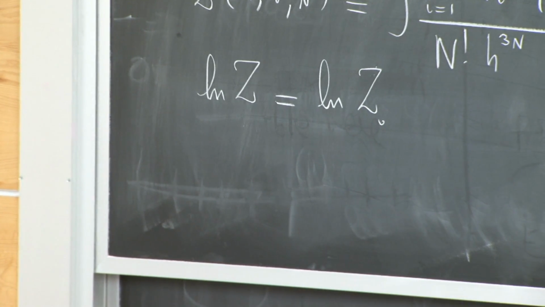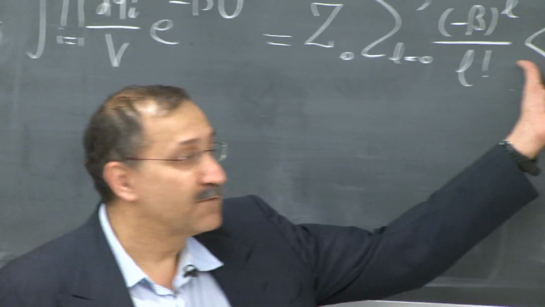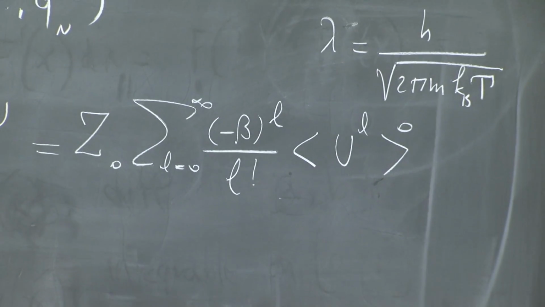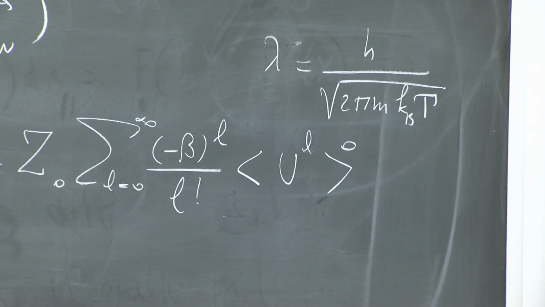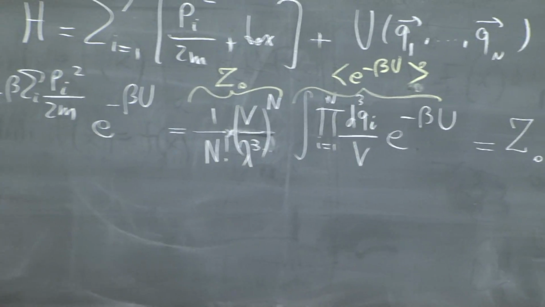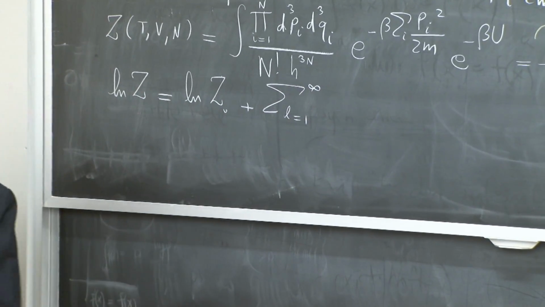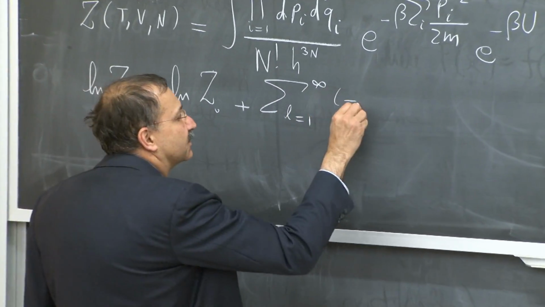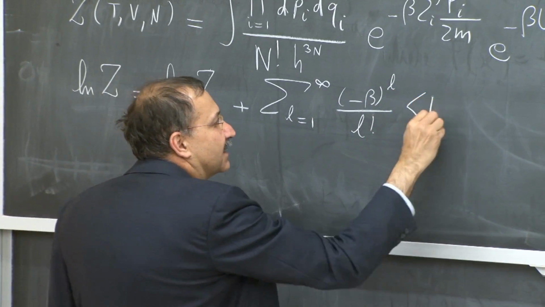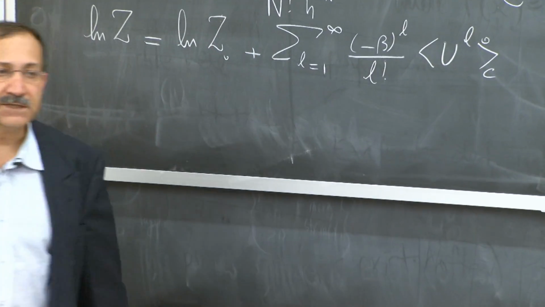But we recognize that that sum, in some sense, is a generator of moments of this quantity u. And we have experienced that when we take the logarithm of a generator of moments, what we will get is a generator of cumulants, now starting with l equals 1, minus beta to the power of l divided by l factorial, the average of u to the l with subscript 0 and c.